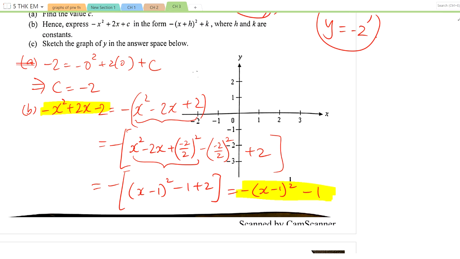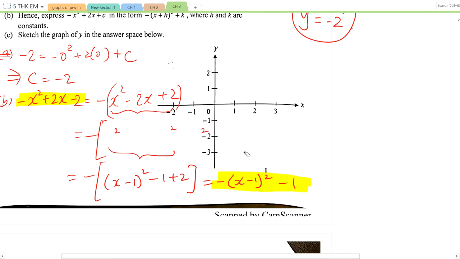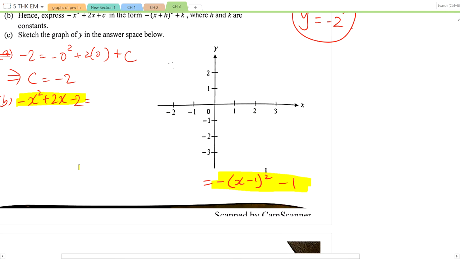So now sketch the graph of y in the space below. I'm going to use this one. So my equation is now y equals to negative (x minus 1) squared minus 1. I'm going to sketch this.